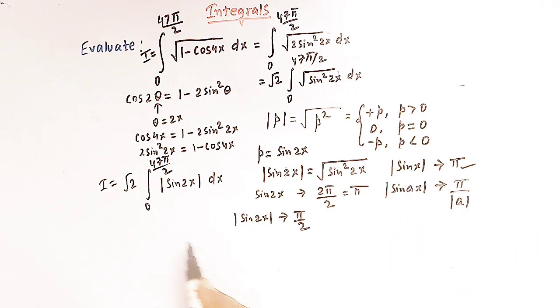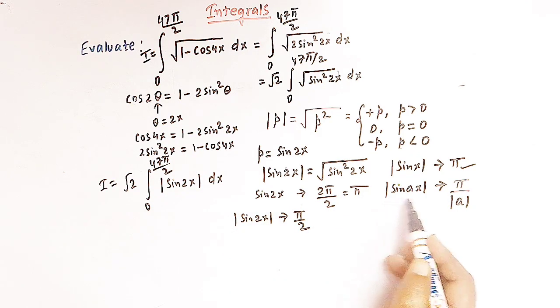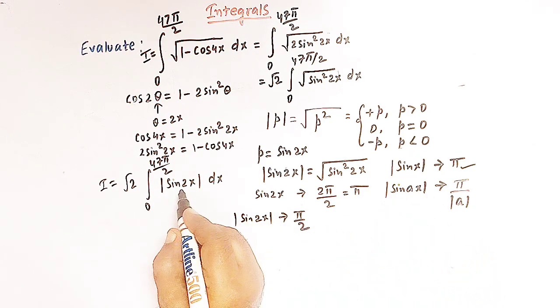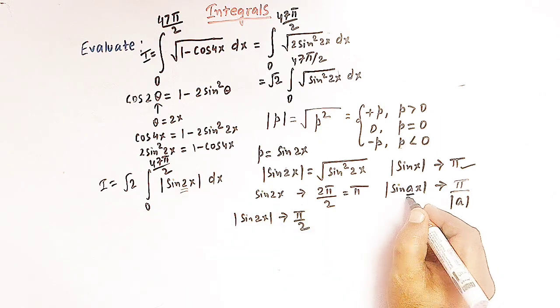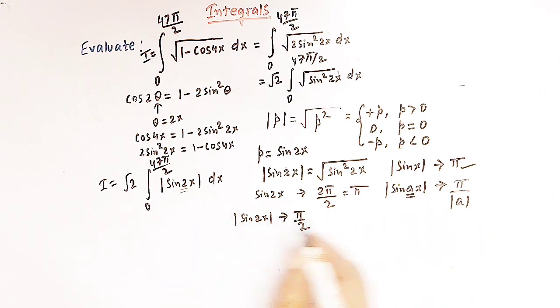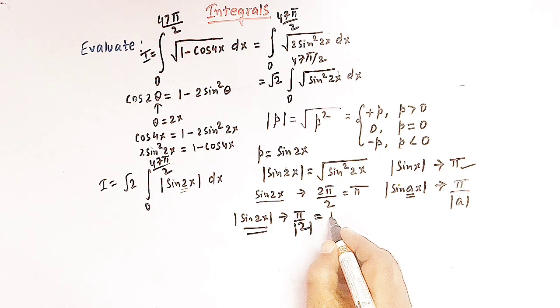So if we compare mod of sine 2x with mod of sine ax, we can see that the value of a is 2. So the period of mod of sine 2x is given by pi over mod of 2, that is simply equal to pi over 2.